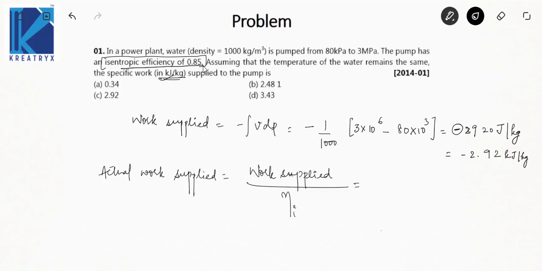Solve this. The answer will be minus 3.43 kilojoule per kg. The minus sign indicates that the work is done on the system. As you see, 2.92 was also given as an option, so if you forget this isentropic efficiency, you'll get the wrong answer. 3.43.